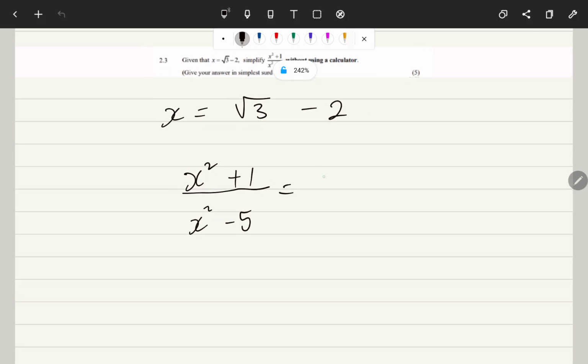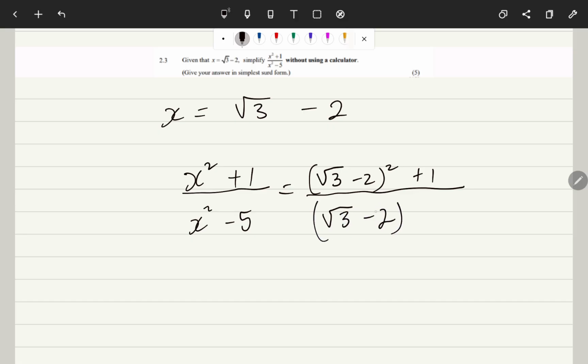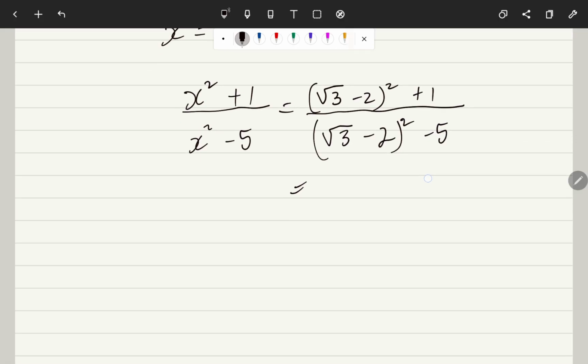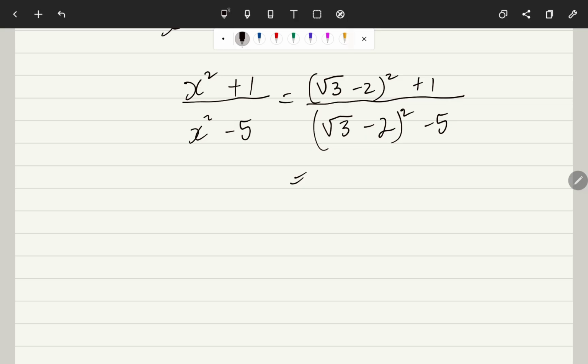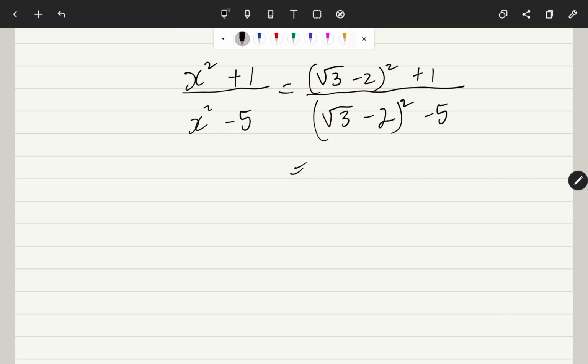So in this case I'm gonna have plus 1. Oh no. Minus 5. I believe somewhere in this problem we might have to rationalize, but let's see what we will end up with.